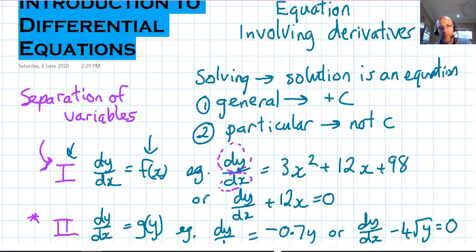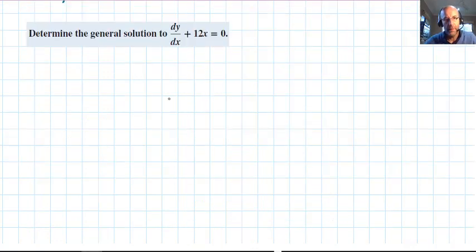Now, getting back quickly to the general and particular solutions, I'm going to show you an example of each, just in regards to type 1, where dy dx is equal to a function of x. Here we have a first order differential equation to solve: dy dx plus 12x equals 0, which I mentioned before.